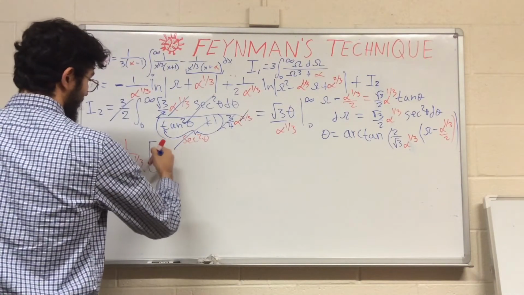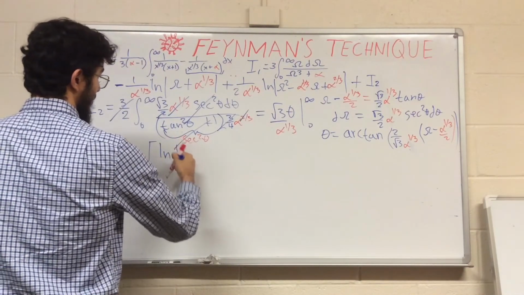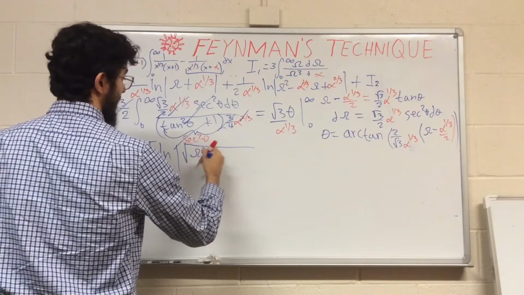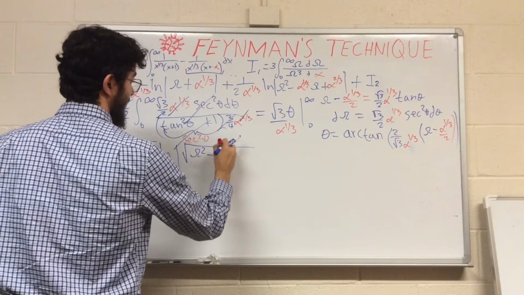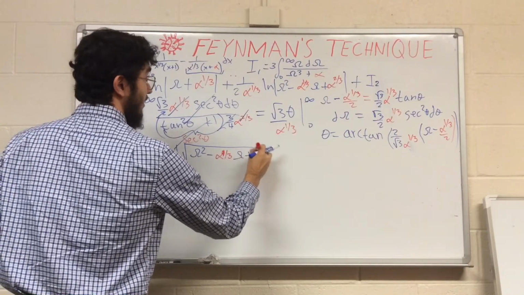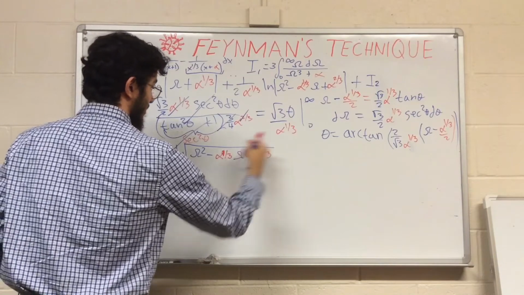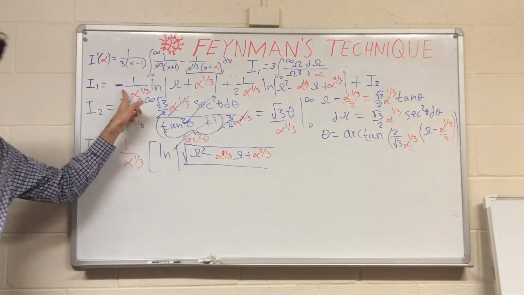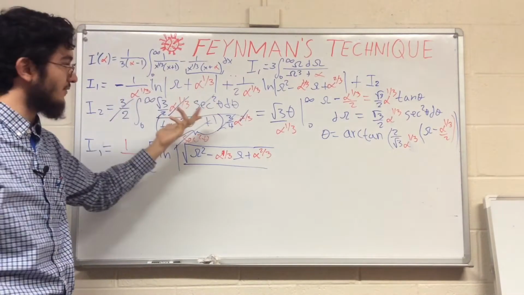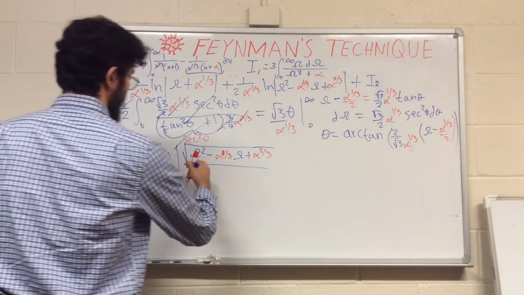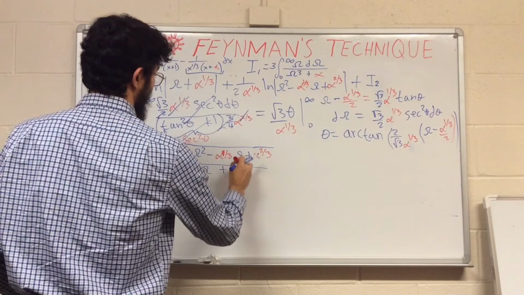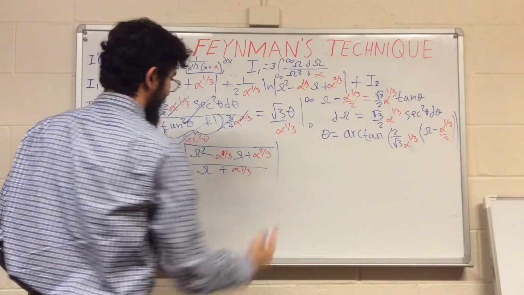So we have the natural logarithm of the absolute value of the square root of omega squared minus alpha to the 1/3 times omega plus alpha to the 2/3, divided by, because this has a negative, you bring that to the power of -1, so it comes to the bottom, omega plus alpha to the 1/3, in absolute value.